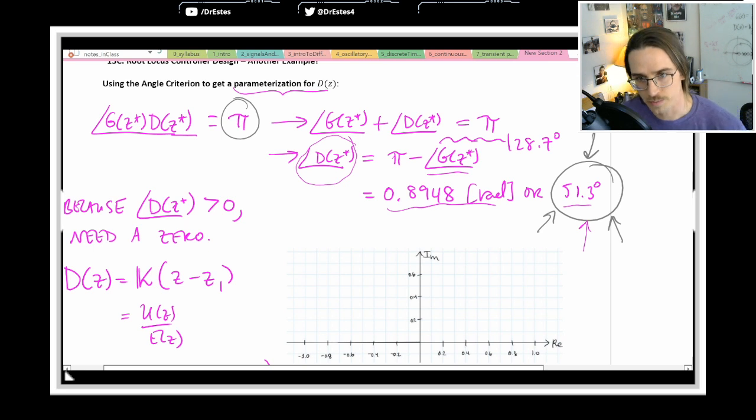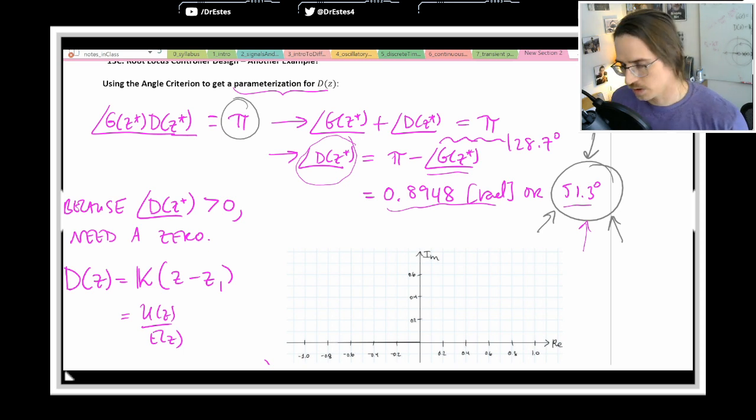If you need to contribute a positive angle, like we see here, positive 51.3, that means your controller needs a 0 in it because zeros contribute positive angles. Poles contribute negative.